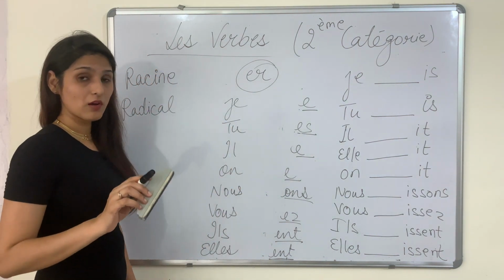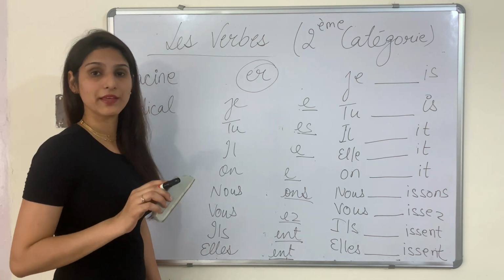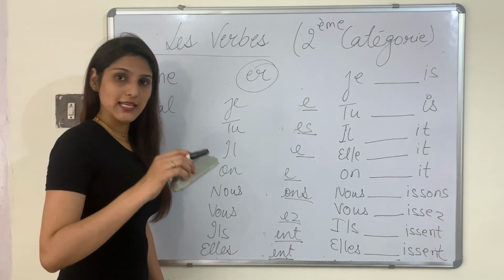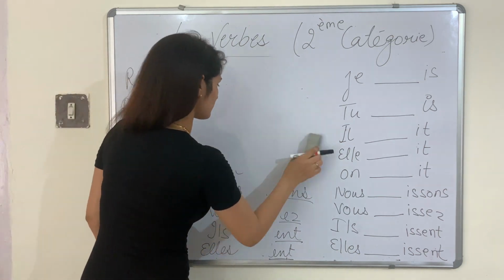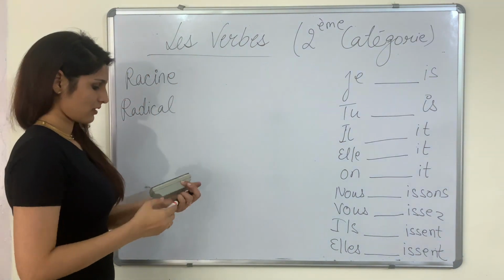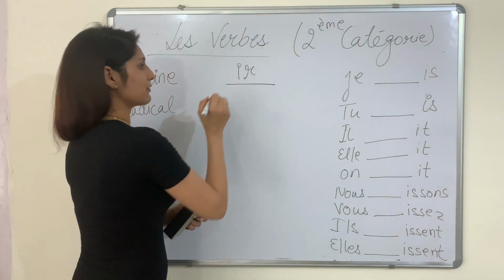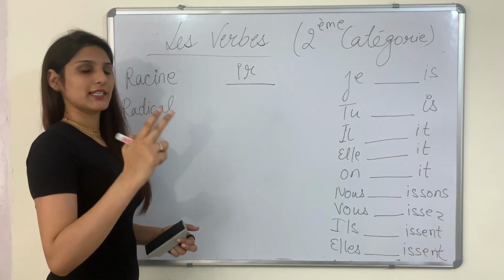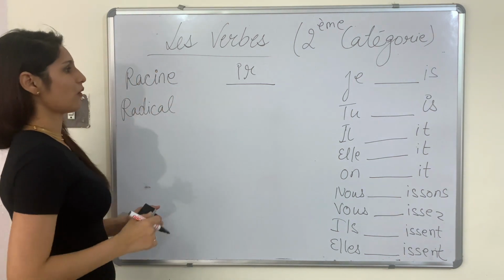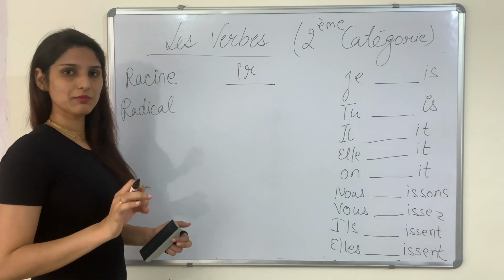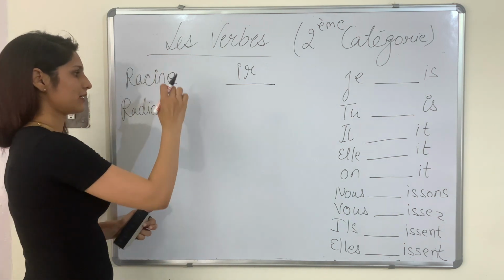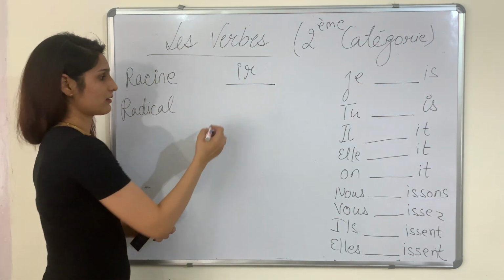But first of all, how will you recognize whether the verbs belong to the second group or not? IR ending verbs are going to be your second category verbs. Now, even in your second category verbs, there is going to be a racine and there is going to be a radical.